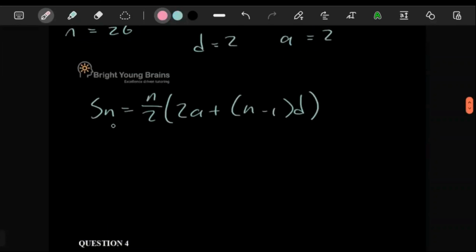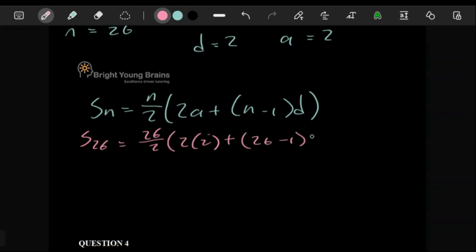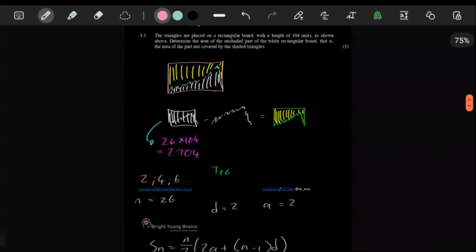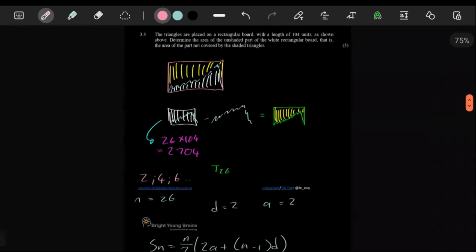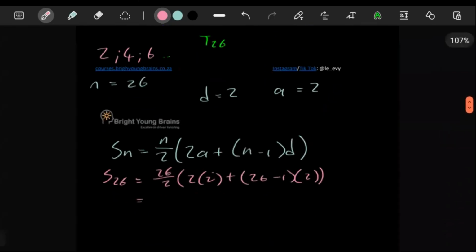So in our formula here, S26, we have 26 over 2, then 2 times 2, and then plus 26 minus 1, times 2. All of this that we're doing, you can see we're not doing any heavy lifting at the moment. So let's get the sum of all the areas of these triangles.